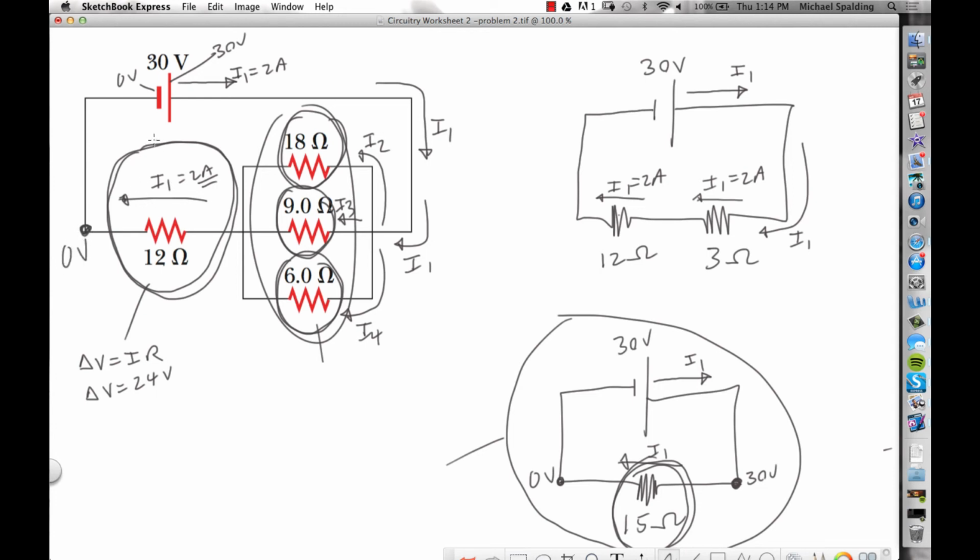Well, if the delta V is 24 across this resistor, what must this point be? 24. And then what's this point right here? 30. So 30 and 24, use your subtraction skills. 6. Each of these must be 6 volts.